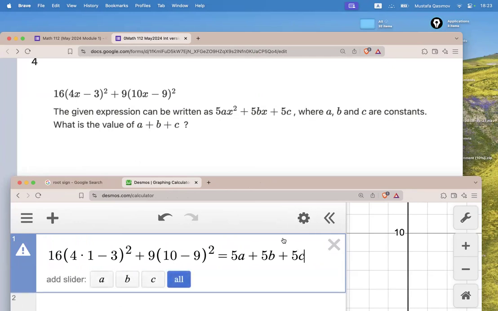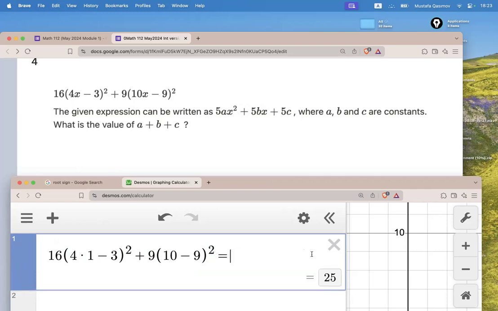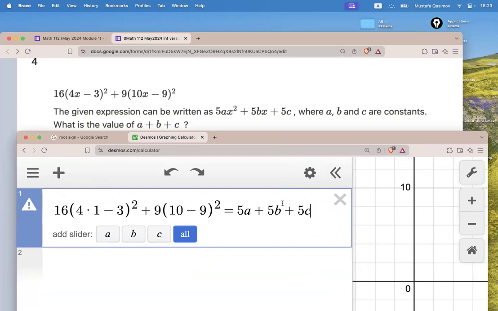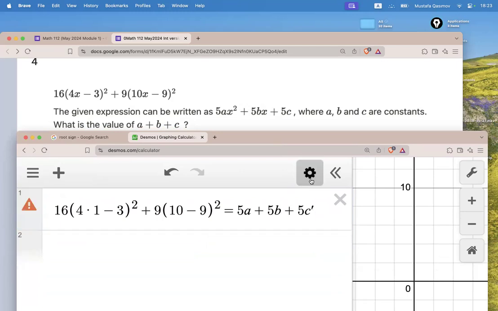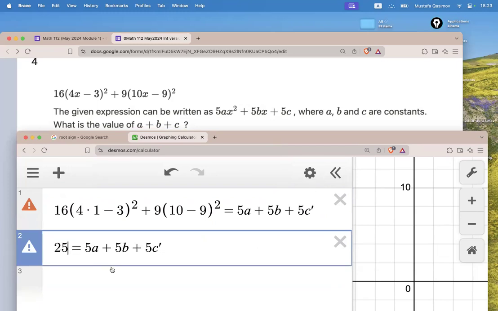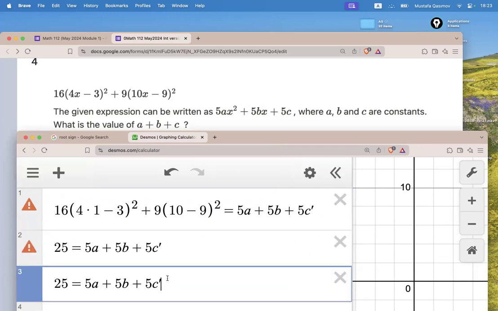From here, we can find the answer. Let's look at this value: 25. So it's equal to 25, and from here, a plus b plus c is equal to 5. We can divide all of them by 5. Any questions from here?